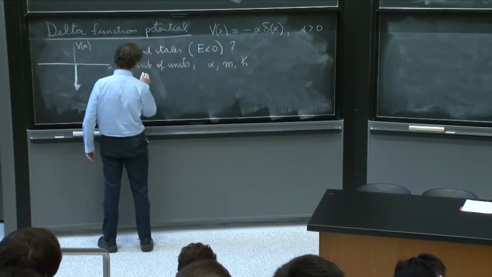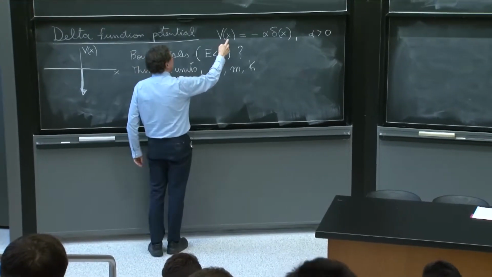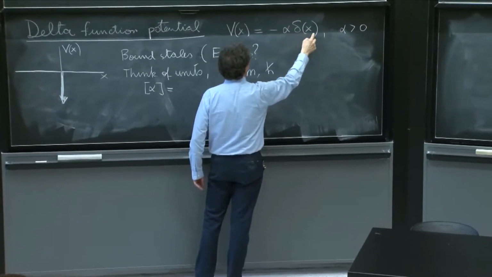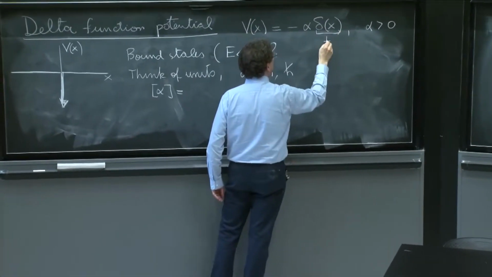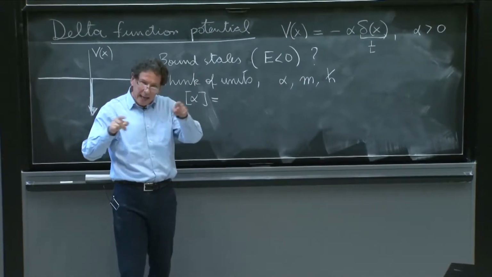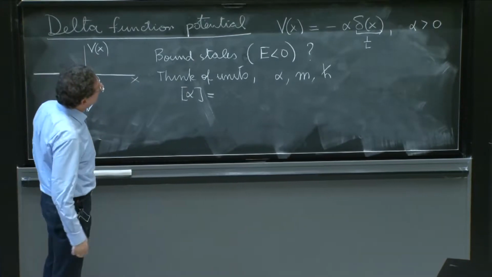So you can now decide, well, what are the units of alpha? The units of alpha have to give you energy, but the delta function has units of 1 over length. Remember, if you integrate over x, the delta function gives you 1, so this has units of 1 over length.